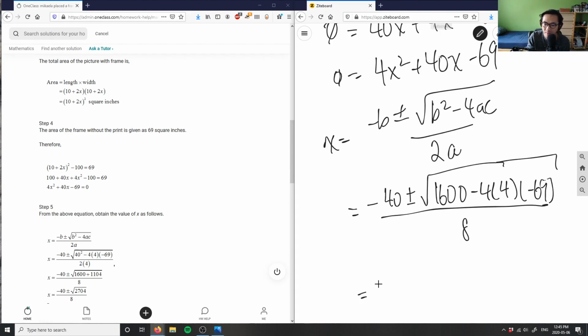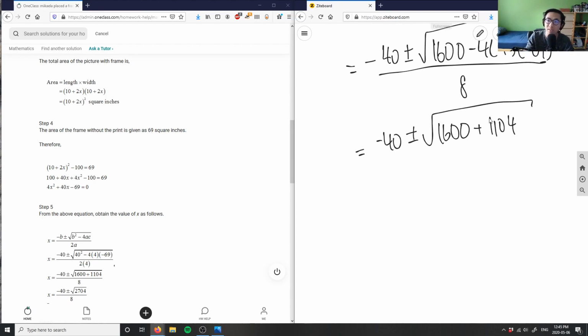So this is negative 40 plus or minus, and then 4 times 4 times negative 69. Sorry, I'm going to write 1600 here. 4 times 4 times negative 69 gives me negative 1104, so it becomes plus 1104, all over 8.